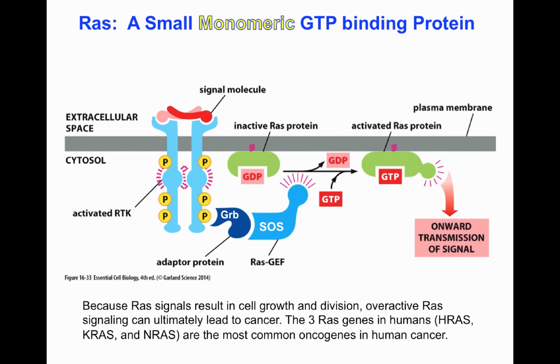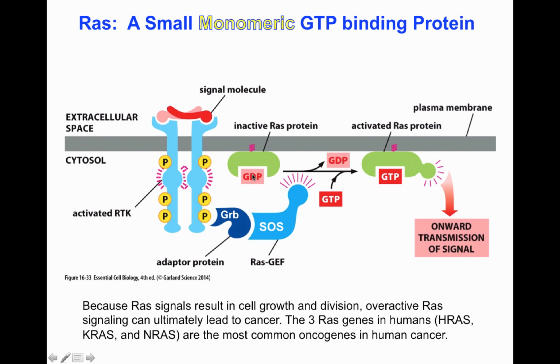GRB2 has now changed its shape, and that has allowed for the recruitment of a secondary adaptor protein called SOS. SOS is a RAS guanine exchange factor, and SOS, once it's activated, is able to help RAS, which is a monomeric GTP binding protein, to exchange the GDP that is bound to RAS for a GTP.